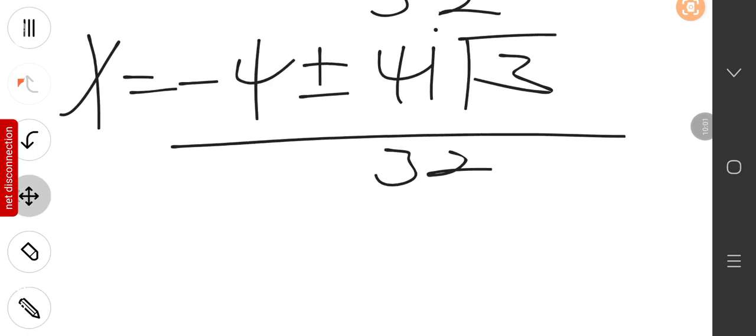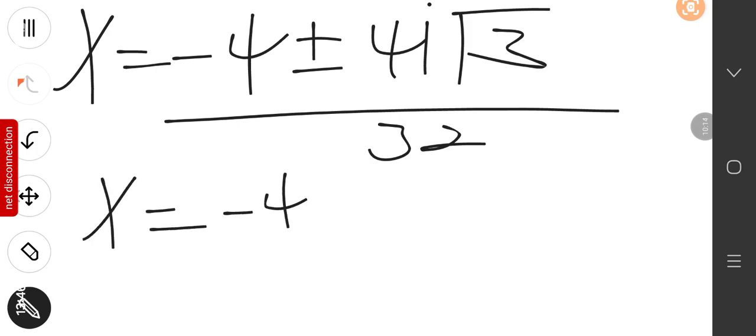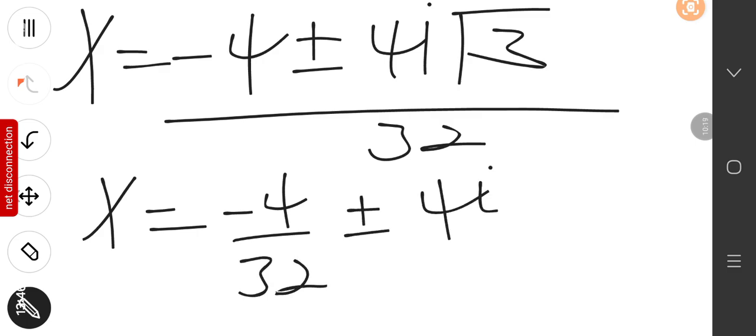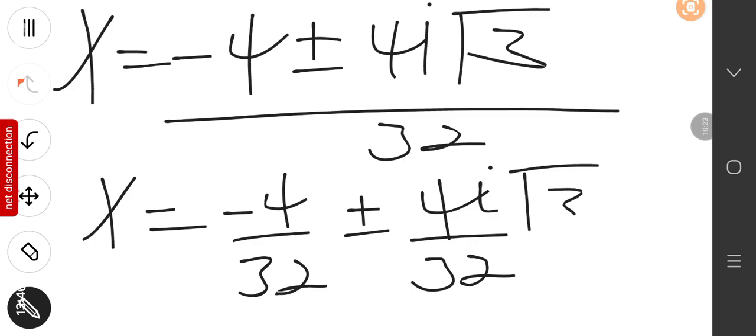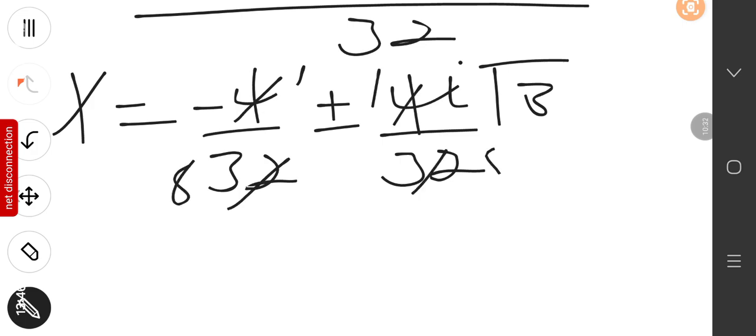Okay, all right, so we are going to separate x1 from x2 because it contains two answers or two different solutions. So x equals minus 4 over 32 plus or minus 4i over 32 multiplying the root of 3. All right, now 4 cancels itself, 1 goes here, 8, 4 goes here, 1 goes here, 8.